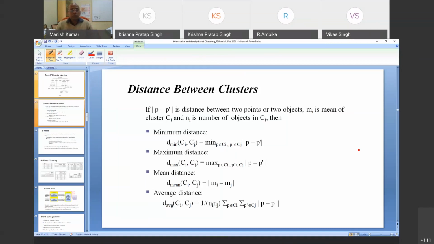Average distance: you consider the distance between all the points of Ci and Cj, and then you take the average of that, and whatever comes can be referred to as the average distance between 2 clusters. So these are 4 ways of calculating the distance between 2 clusters.